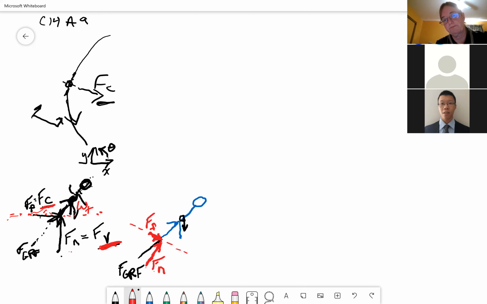Remember, centripetal force is going in towards the center of the curve. If you're on flat ground, the only thing that can create that centripetal force is friction. Over here, you still need that same centripetal force, but it's now mostly created by the normal force, and very little of it is friction. When it's flat, the normal force and the vertical force are the same, and the frictional force and the centripetal force are the same.